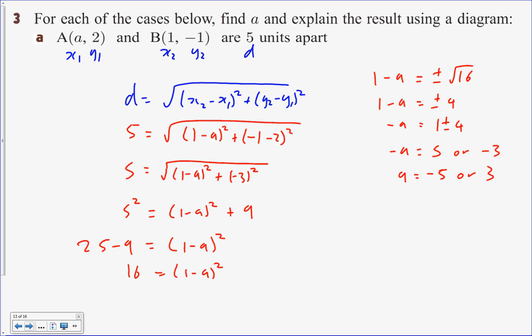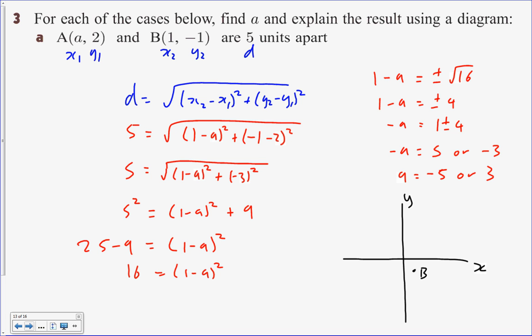So if we're going to look at this on a diagram, if we've got our axes here, x and y, we know that B is 1, -1, so that point there approximately is going to be B. And so if it's going to be 5 units distance, we know it's got a big circle around the outside, and we need to know where y equals 2.